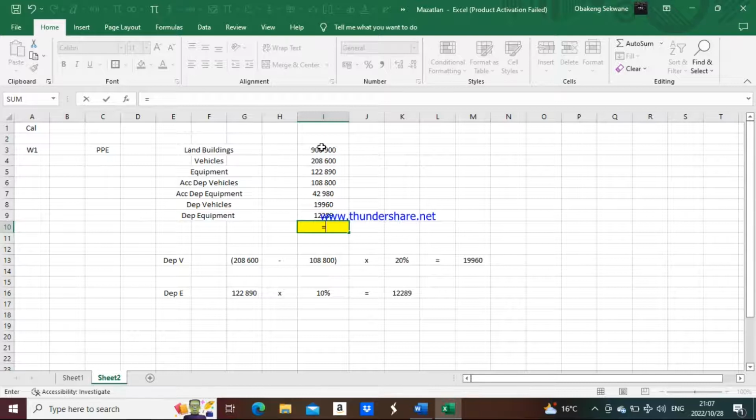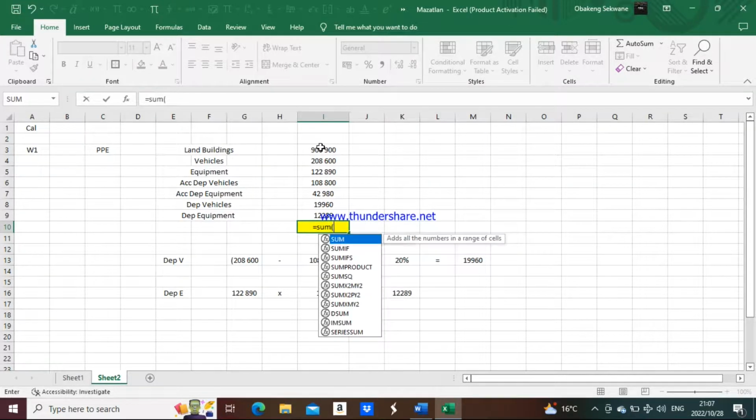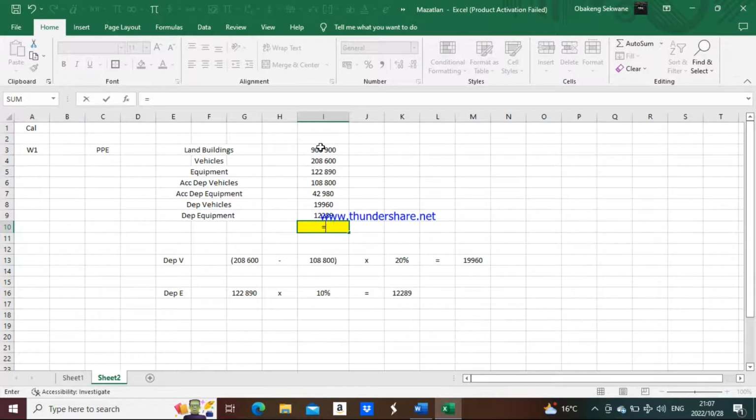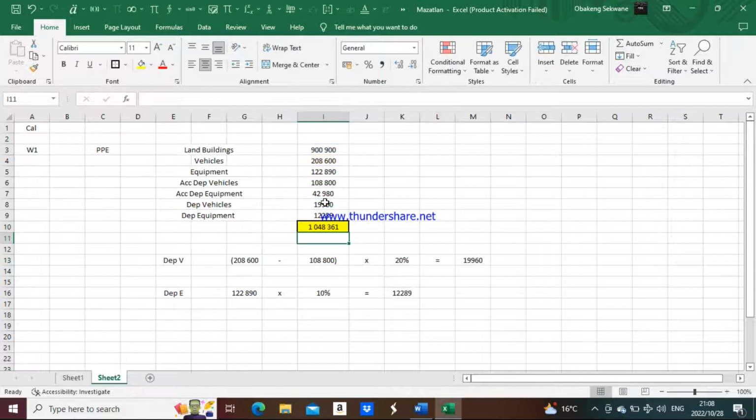So our total PPE will amount to the sum of everything. Firstly, I'm just going to say equals 900,900 plus our vehicles plus our equipment minus our accumulated depreciation on vehicles minus our accumulated depreciation on equipment minus our depreciation on equipment minus our depreciation on vehicles.